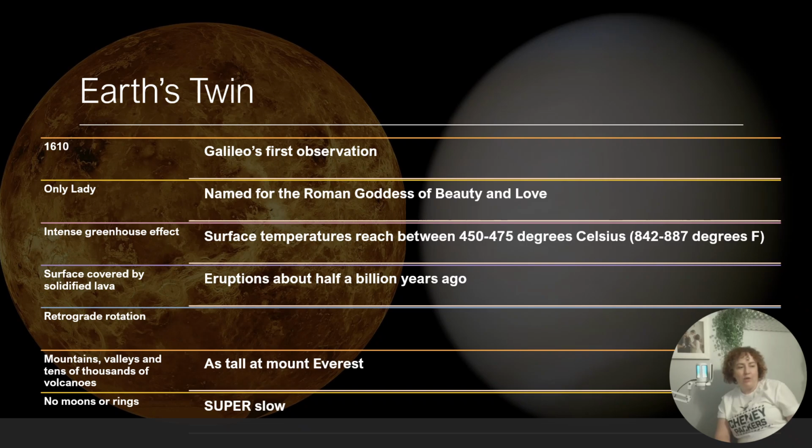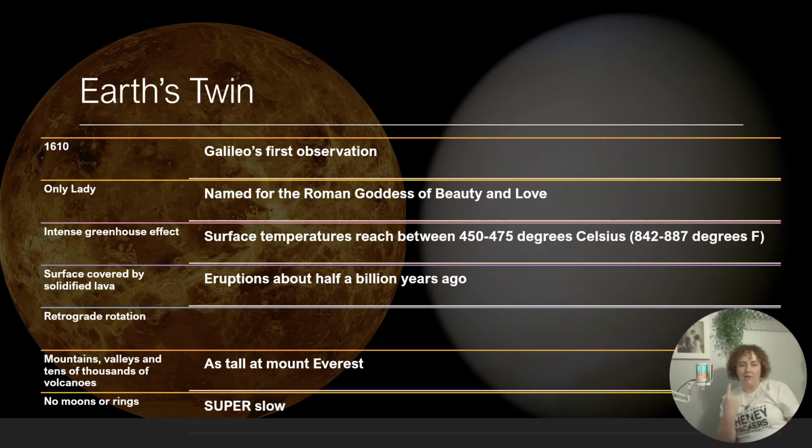Every other planet, except for one other, which we'll talk about later, is rotating counterclockwise. Venus is rotating clockwise, which is very, very odd. But you always got to have that one little oddball.